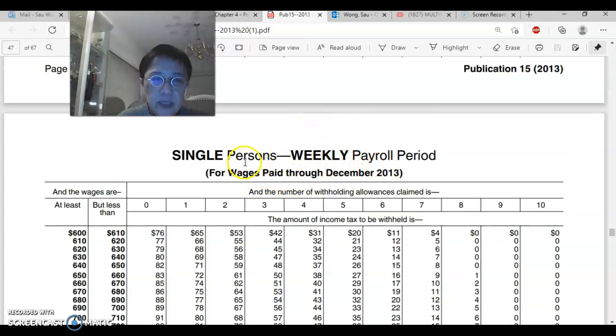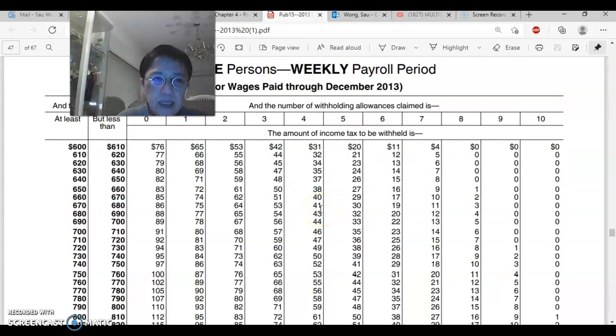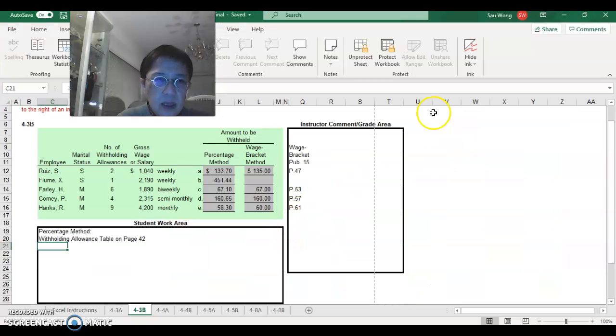This is the wage bracket method. His number of withholding allowances is 2, and his payment is $1,040.